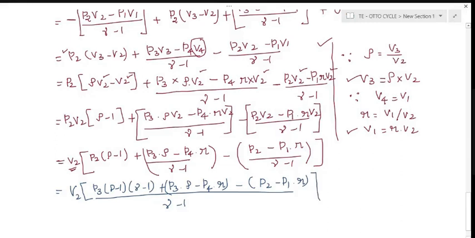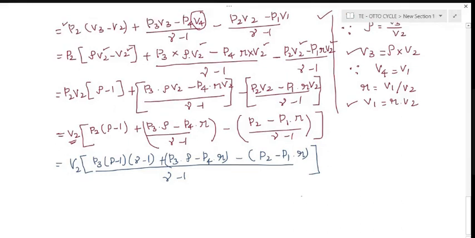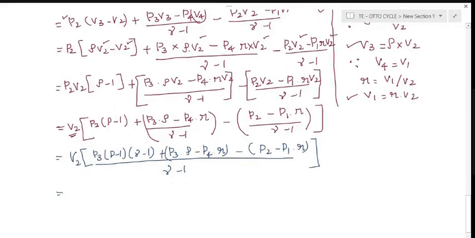Simply I am taking the LCM here so that we can form the equation like this.